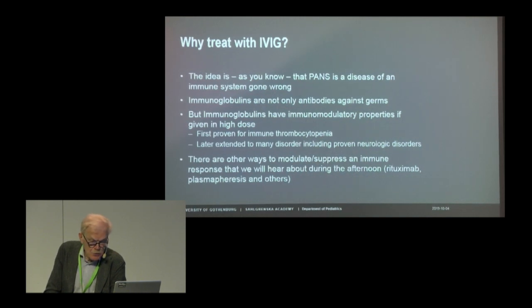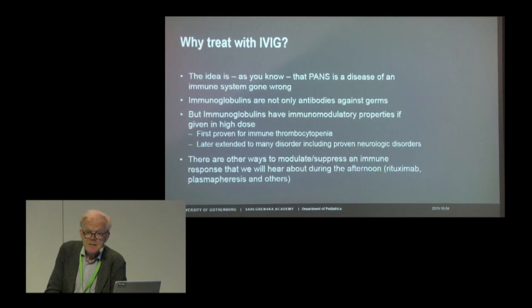Immune modulatory properties, if given in high dose, were discovered quite a long time ago in Switzerland, when there was a boy with Wiskott-Aldrich syndrome. They had thrombocytopenia, and when he got immunoglobulins, his thrombocytes, his platelets, also increased. And the dose used at that time was 2 grams per kilogram, and we still use it.